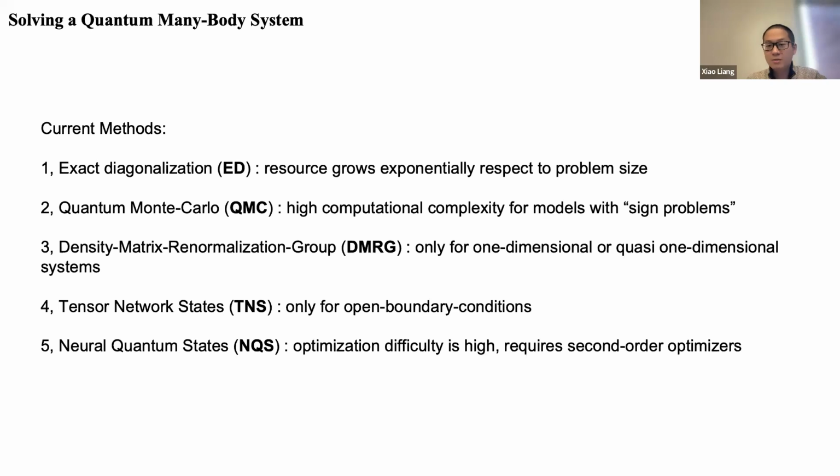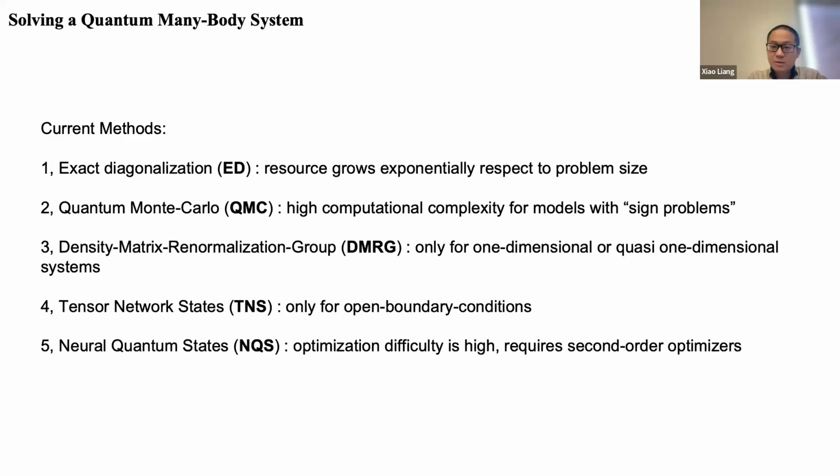Taking a spin model as the example, without considering any symmetry, the qubit number is less than 30 for ED on today's supercomputers. The quantum Monte-Carlo, QMC, is accurate, but for models with sign problems, the computational complexity is extremely high. Novel microscopic phenomena are usually caused by frustration or doping. The many-body model has a severe sign problem.